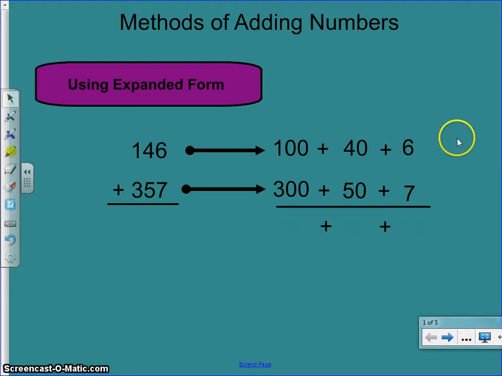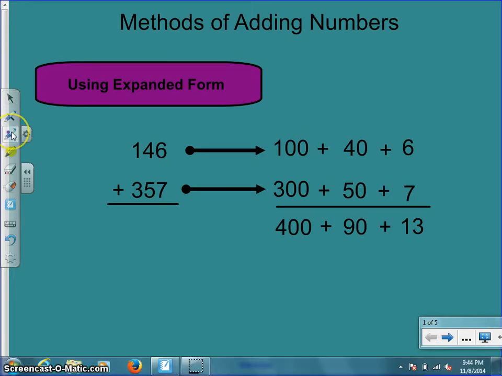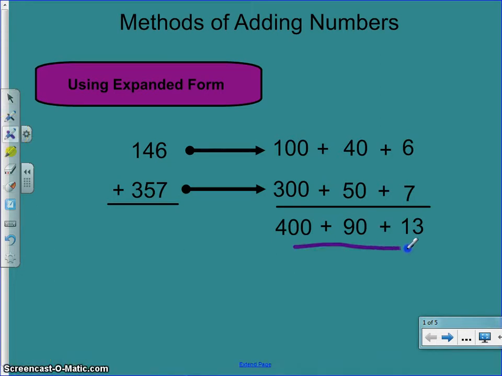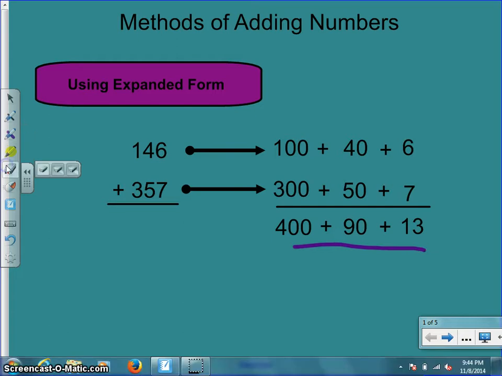So first I start with my ones, and I have 6 plus 7 equals 13. Then I have 40 plus 50 gives me 90. And then I have 100 plus 300, and that gives me 400. But now I have to take this bottom line and add them all back together to get my final answer. I can't just leave it like that.